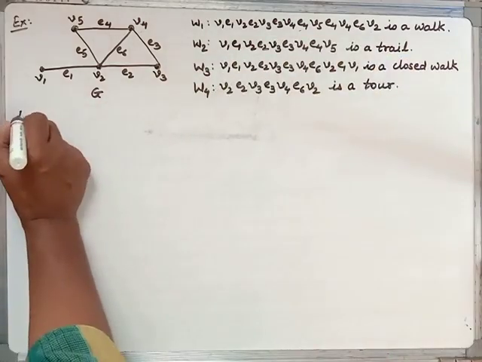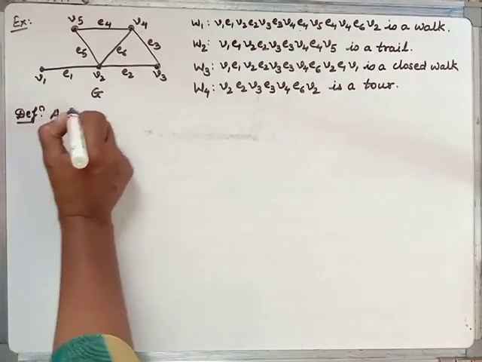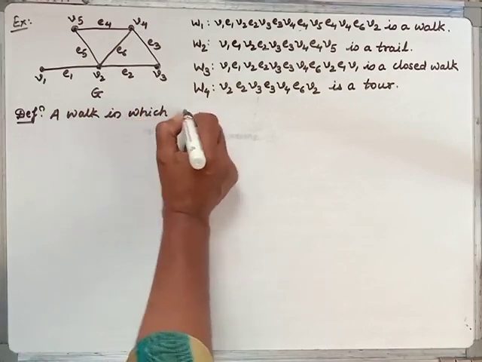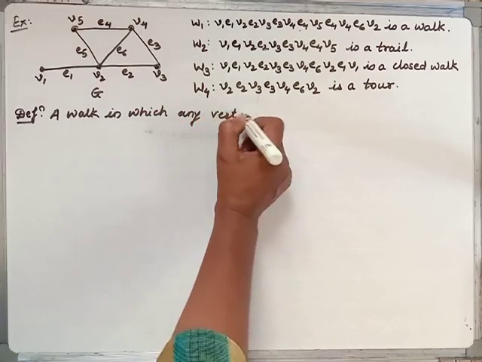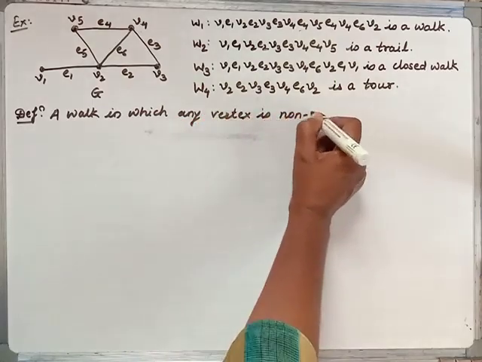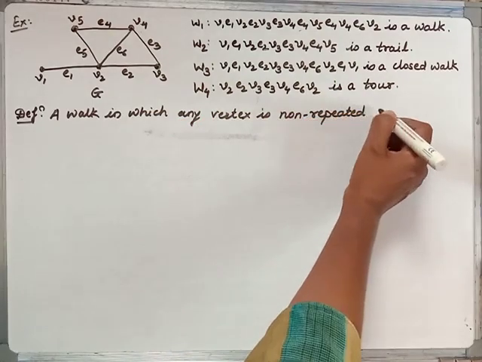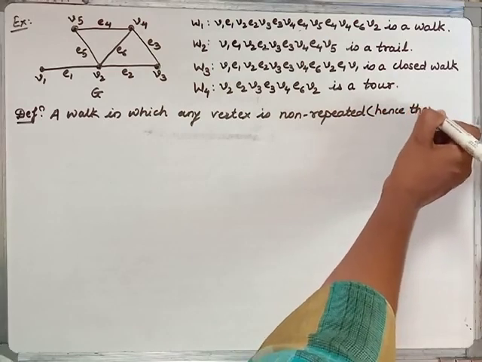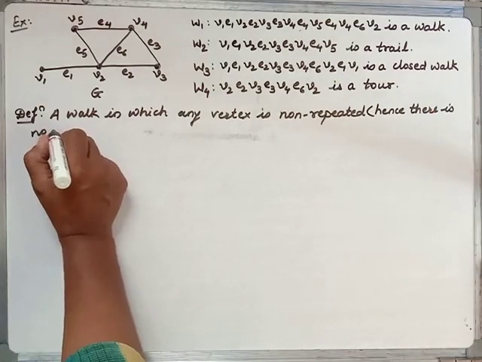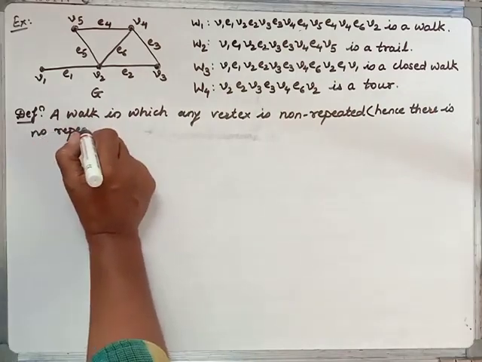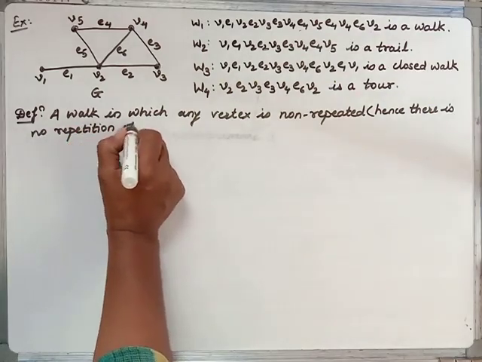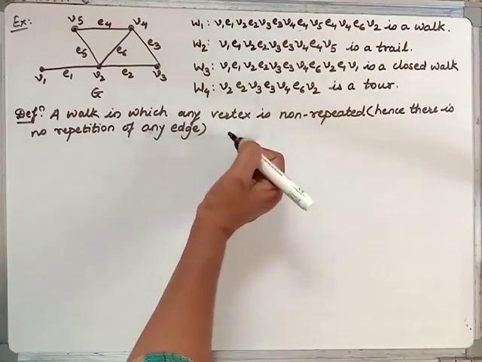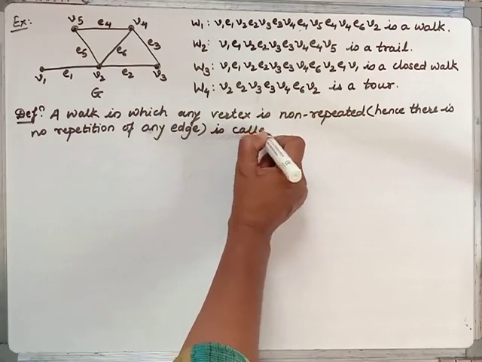Fine. Now the next definition. A walk in which no vertex is repeated, and hence there is no repetition of any edge also, is called a path.